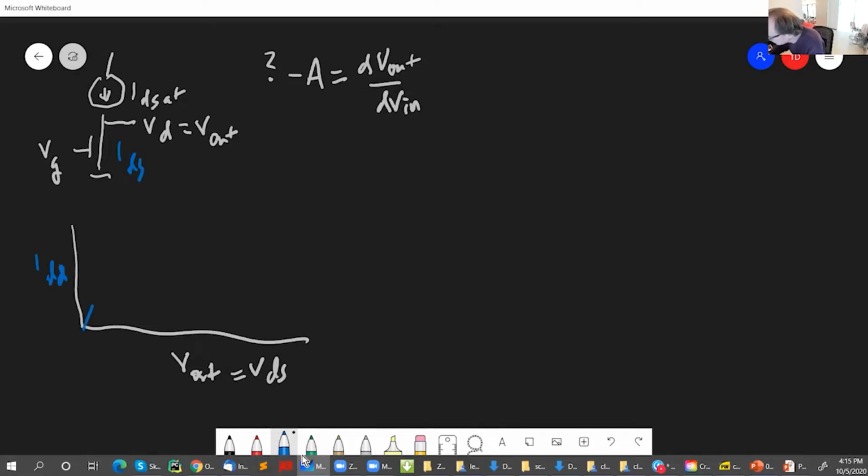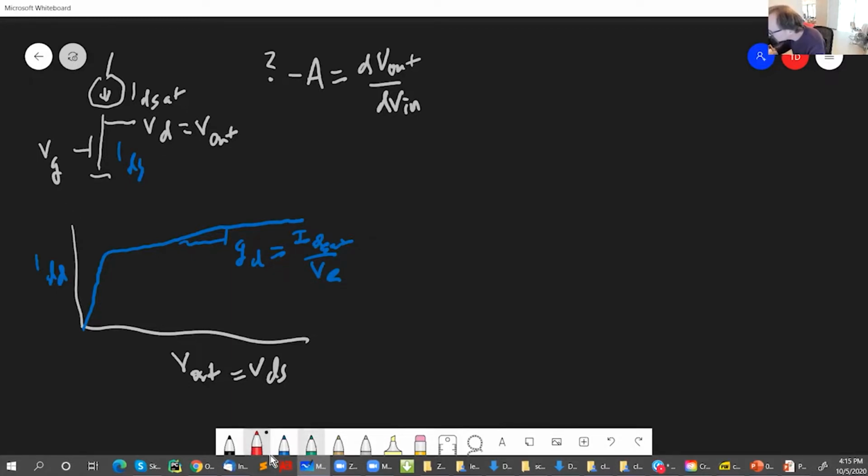Doesn't matter whether it's below threshold or above threshold, but we'll assume that the output voltage is above the saturation voltage. So VDS is big enough. And then for this region above the saturation voltage, we're going to have a slope here, GD, which is the drain conductance, which remember you saw before. It's the saturation current divided by the early voltage.